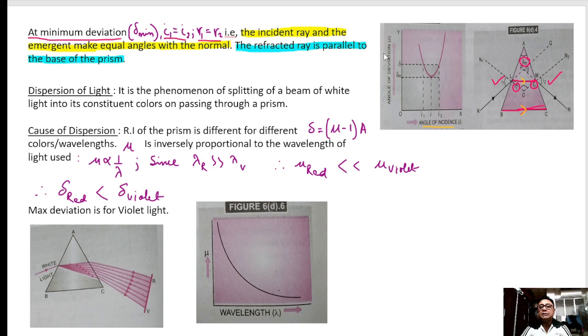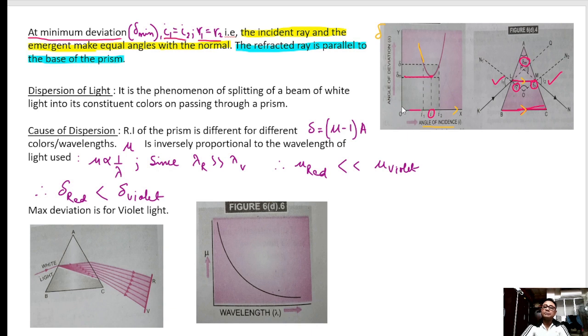Another important thing, please note here: if I plot the angle of incidence against the angle of deviation, initially, as you increase the angle of incidence, the angle of deviation goes on decreasing, till at this particular angle of incidence the deviation becomes the minimum.